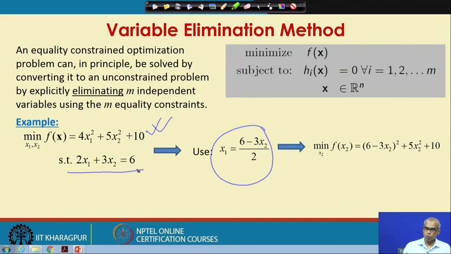Now, let us put this x1 into this objective function and get this expression, which is now an expression in one variable, and it is also unconstrained because the constraint has now been absorbed in the objective function. So, I have now an unconstrained objective function of a single variable x2.